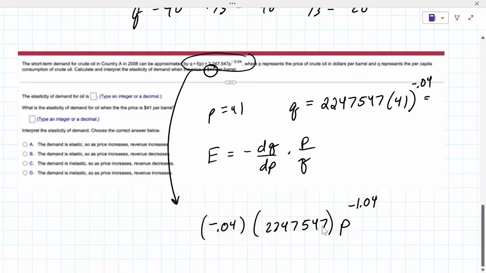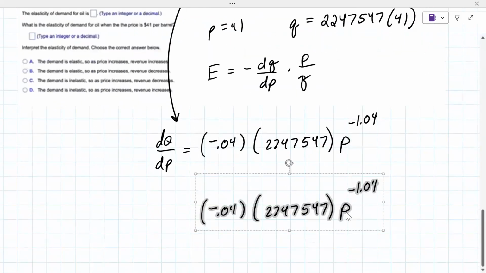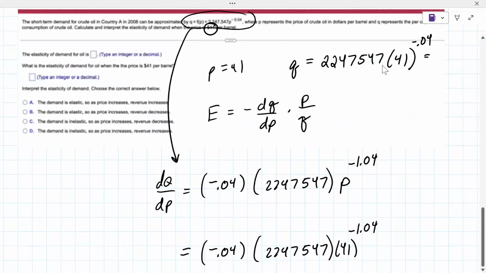So this is the dq/dp. So you put that 41 in there, and then you combine those three numbers. So the first number dq/dp comes from this. You have P, and then you have Q here, and then you put it all together, and then you round.